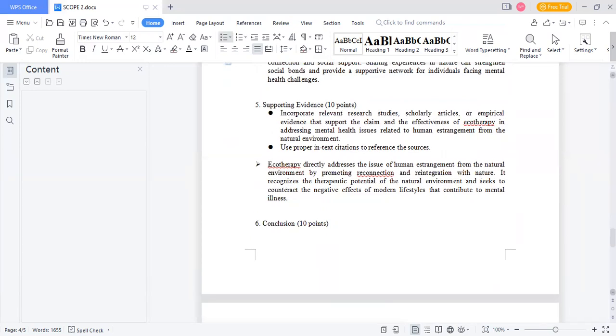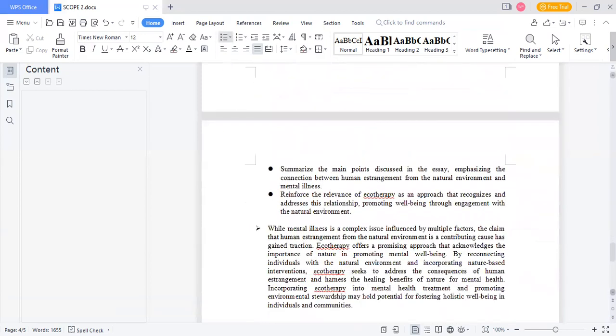All right, ecotherapy directly addresses the issue of human estrangement from the natural environment by promoting reconnection and reintegration with nature. It recognizes the therapeutic potential of the natural environment and seeks to counteract the negative effects of modern lifestyles that contribute to mental illness.